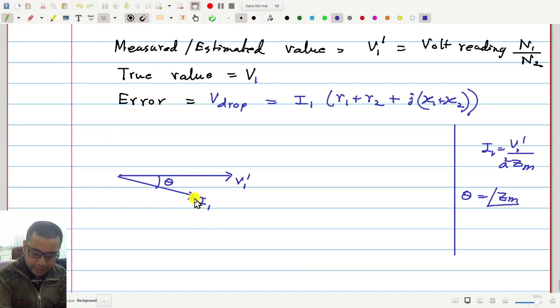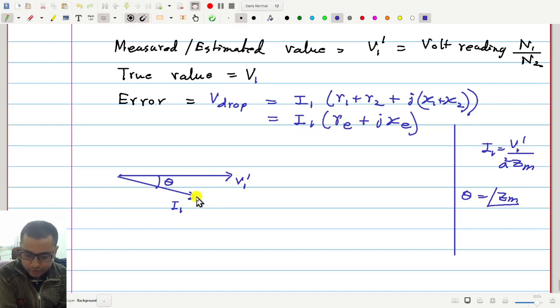to this Im I will add the quantity I. Let me call this simply I1 Re plus Jxe. E for equivalent, so that is R1 plus R2, X1 plus X2. So then, let me write I1 here.